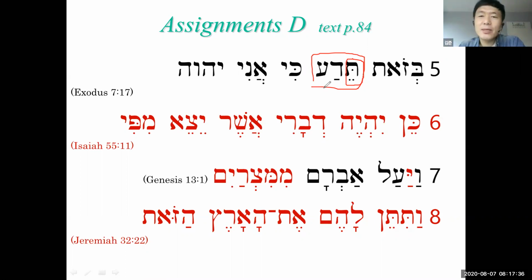In this case, you cannot see any specific ending, so it must indicate two possibilities, 3 FSG and 2 MSG. You need to be really familiar with those prefix pronouns together with complements so that you will identify what PGN you have.